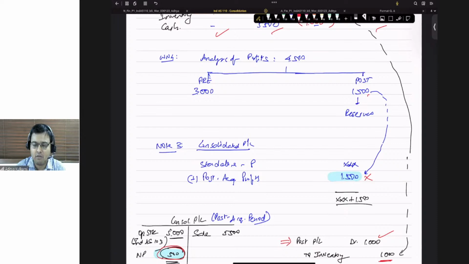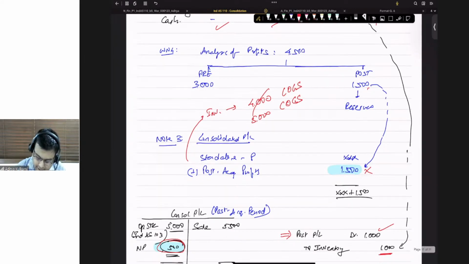In this post reserve, inventory is already credited only at 4000. But for consolidation purposes, I should credit the inventory at 5000. Or in other words, for standalone purposes, the COGS was 4000. For consolidation, the COGS should be 5000. That means the cost of goods sold should increase by 1000. And that is why the inventory is going to be credited by 1000.